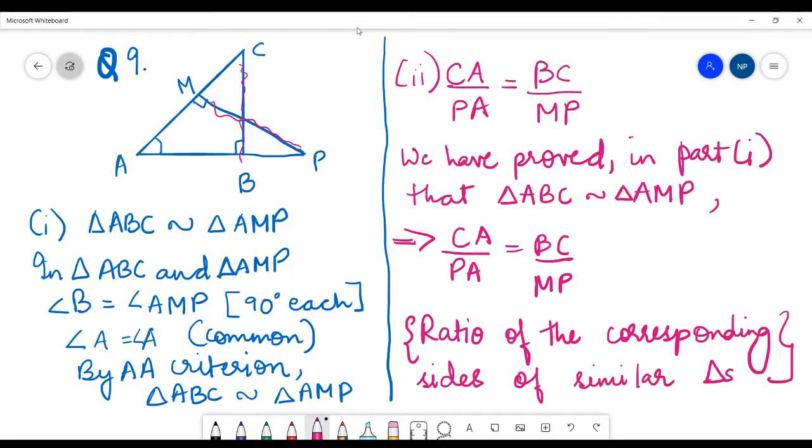Page number 129, you can see criteria for similarity of triangles. It's written, we stated that two triangles are similar if their corresponding angles are equal and their corresponding sides are in the same ratio or proportion. Now, since we have already proved the triangles are similar, the corresponding sides will also be in the same ratio. So, this completes your question number 9. Let us move on to question number 10.